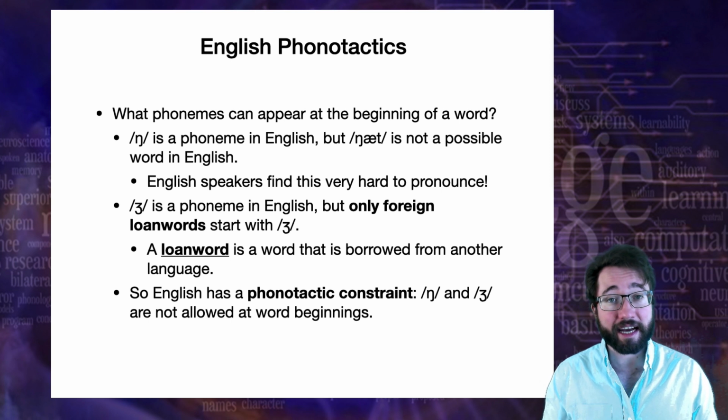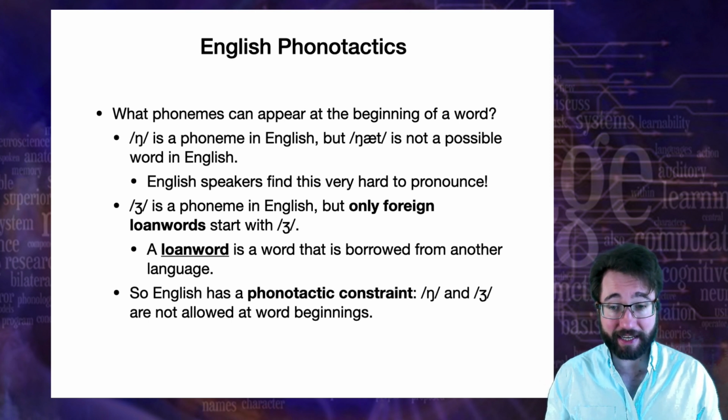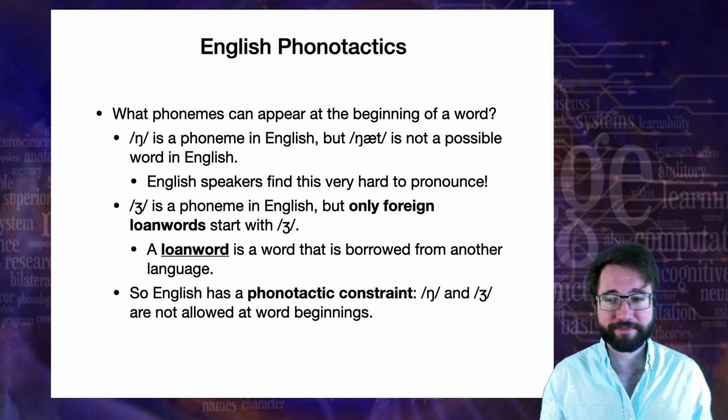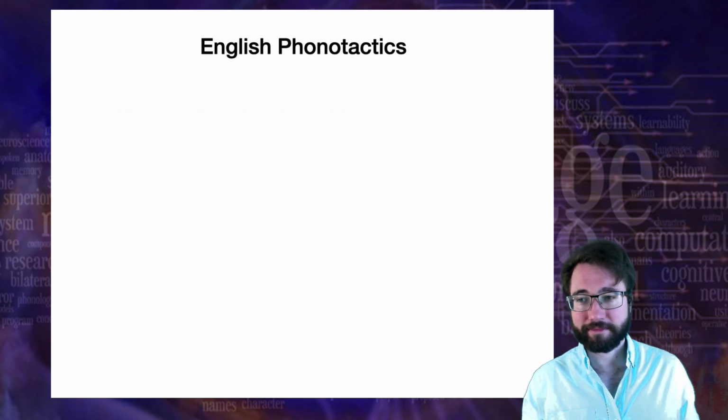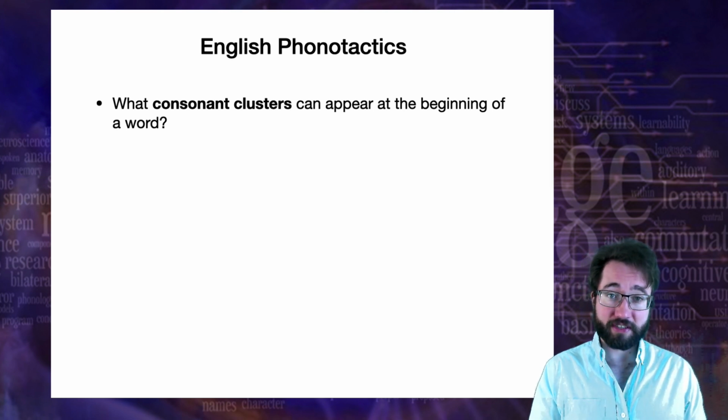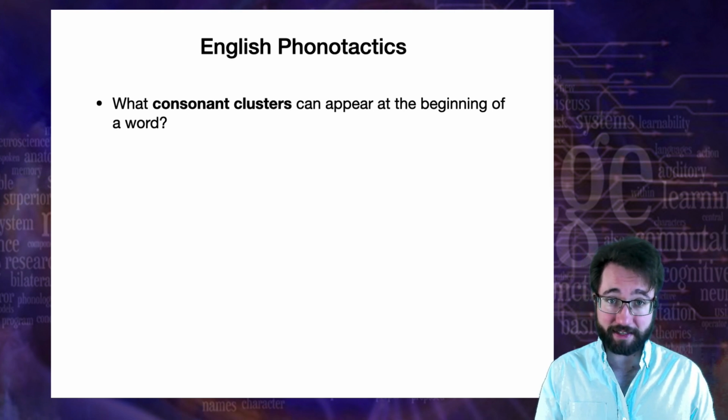You are not allowed to have a velar eng at the beginning of a word, and you are strongly discouraged from having the post-alveolar voiced fricative zh at the beginning of a word. So that is the restrictions on single consonants at beginnings of words and syllables.